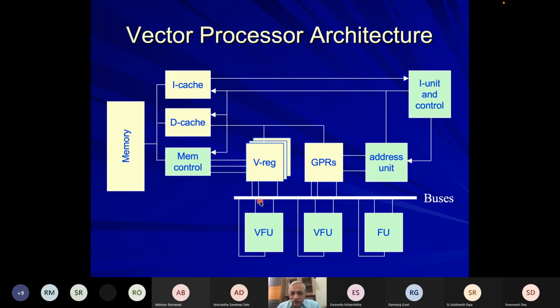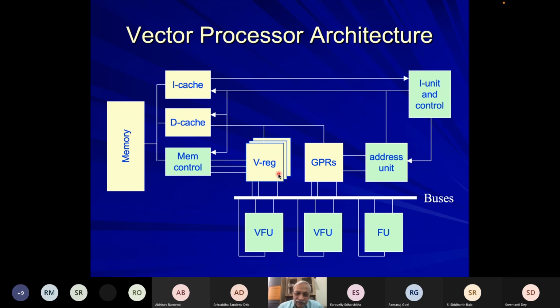But here you will have a single instruction which says add these two vectors, with these sizes. As a result, they'll be streamed into the vector registers. Vectors will be loaded. Let me put it this way: the vector addition instruction will specify two vector registers as operands, and the result will go back to one of the vector registers.